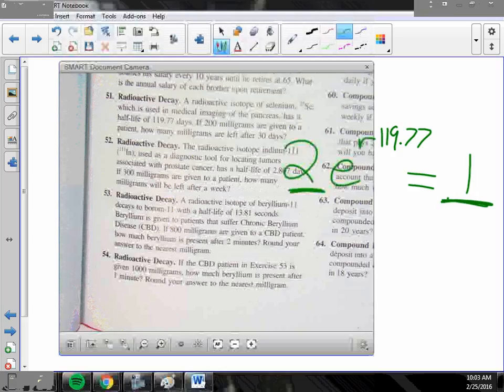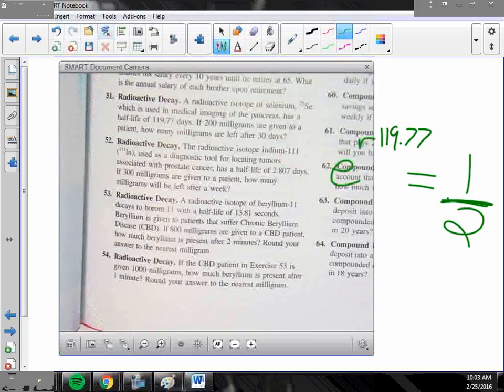And now I have to divide by 2. So really, you could just set it up like that. If we have 1 on one side, we would have 1/2 on the other. And then we do the same trick, ln both sides.